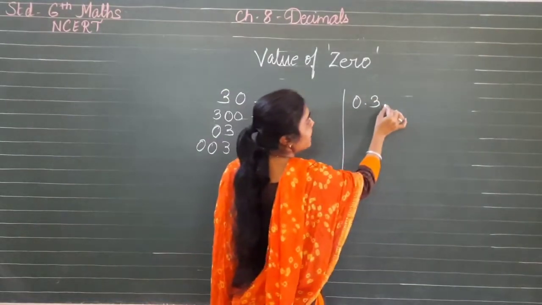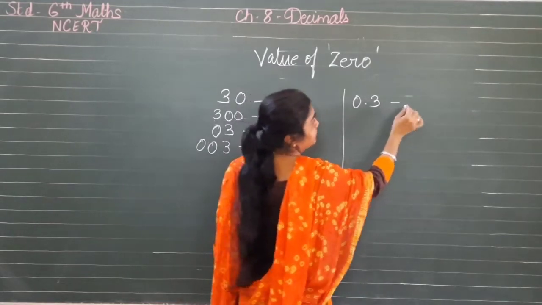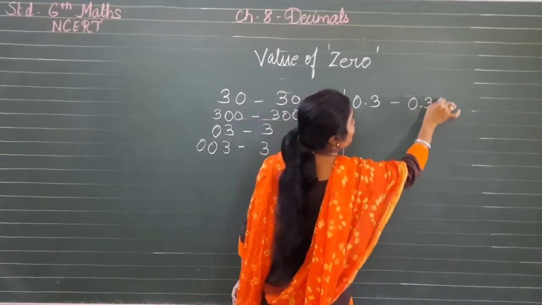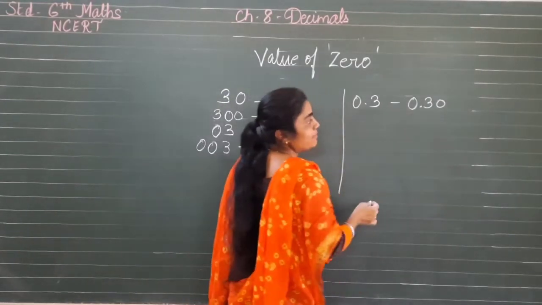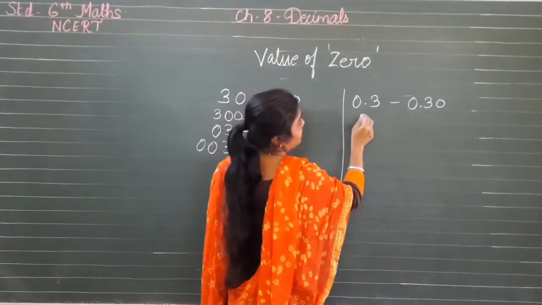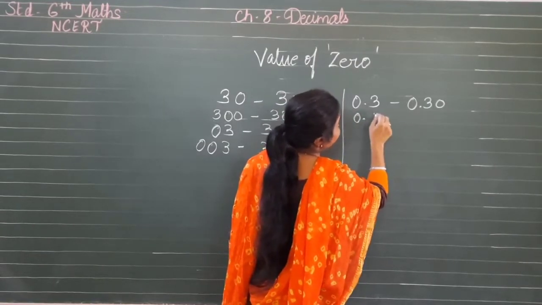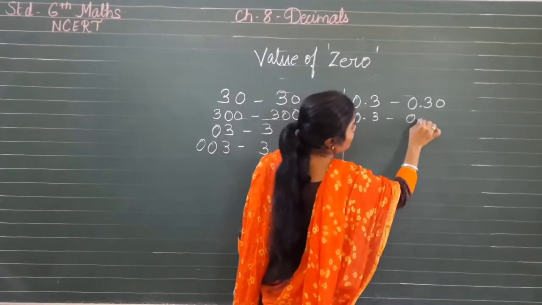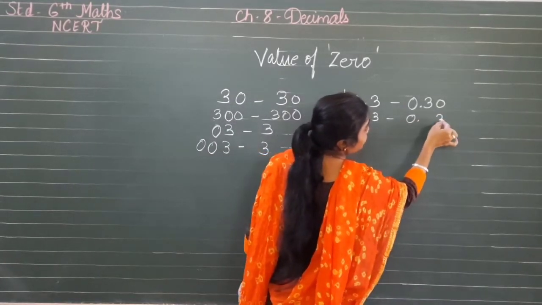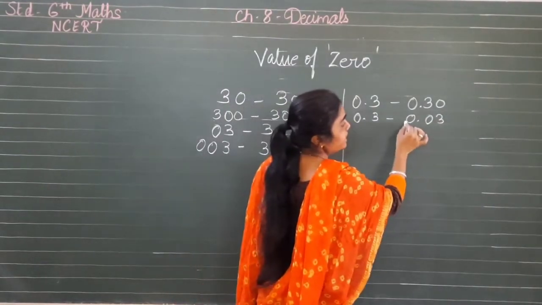Now if I write 0 on the right hand side of 3, it will become 0.30. So there will be no change. But if I write 0 before 3, there will be a change. It will be read as 0.03.